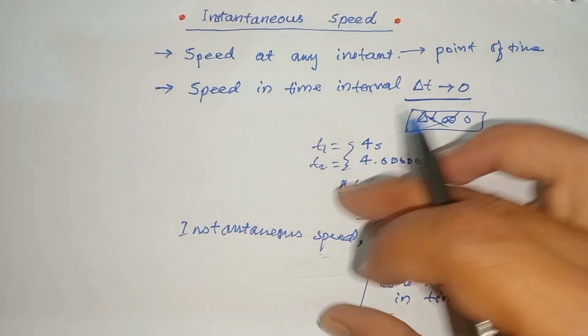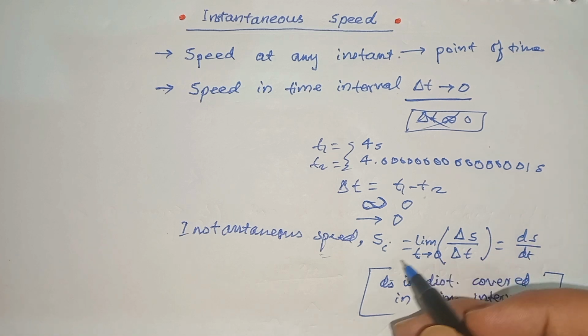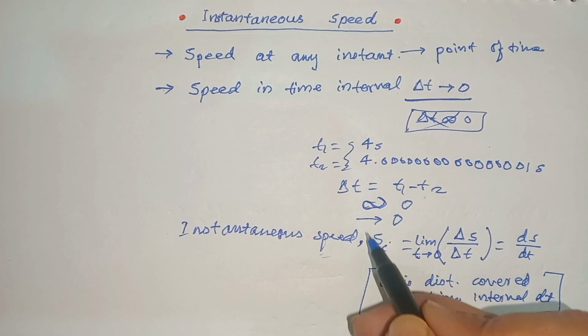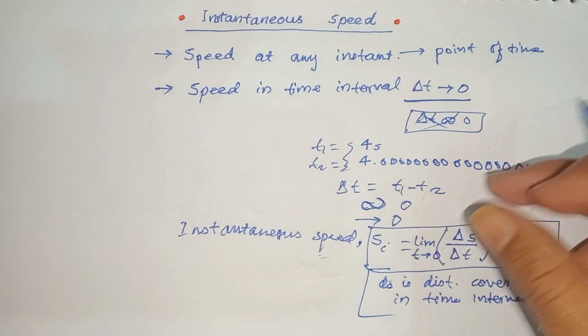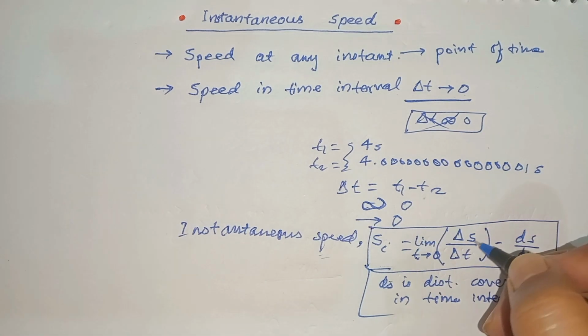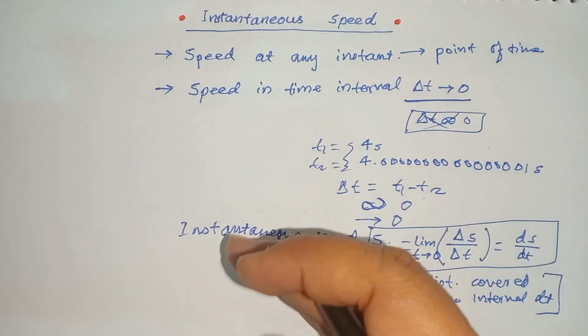This is the mathematical part. So ds by dt is the differential coefficient of s with respect to t, the mathematical form of instantaneous speed. If an equation for the displacement is given in any form, we simply differentiate it with respect to time and we get the instantaneous speed.